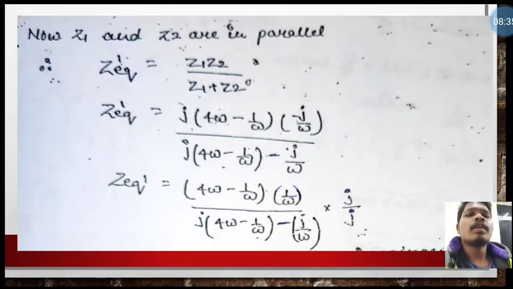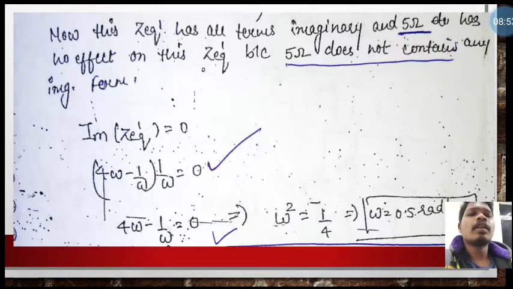Here the imaginary part, that is 4 omega minus 1 divided by omega into 1 divided by omega, divided by this, is equal to 0. That will be transferred to the right hand side, then this term is equal to 0. So after taking this term equal to 0, we get (4 omega minus 1 divided by omega) into 1 divided by omega is equal to 0. This is the numerator part.